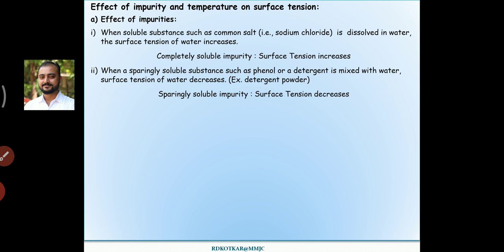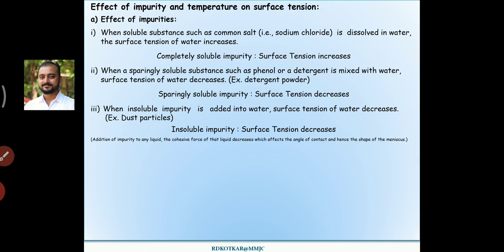The liquid, meaning the water used for washing the clothes, moves inside the threads of that cloth, and it gets cleaned easily. That's why we use a detergent, which is a sparingly soluble impurity, and using it, surface tension decreases.